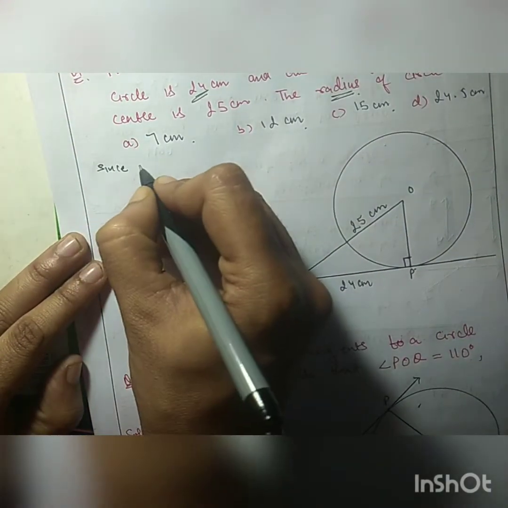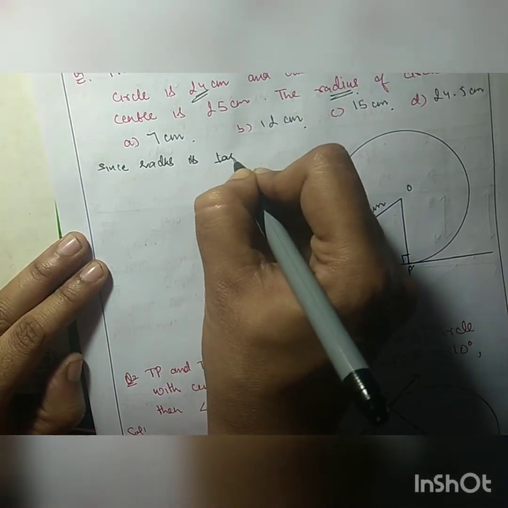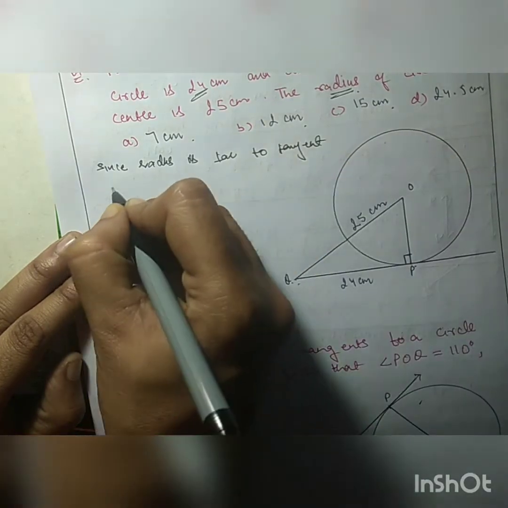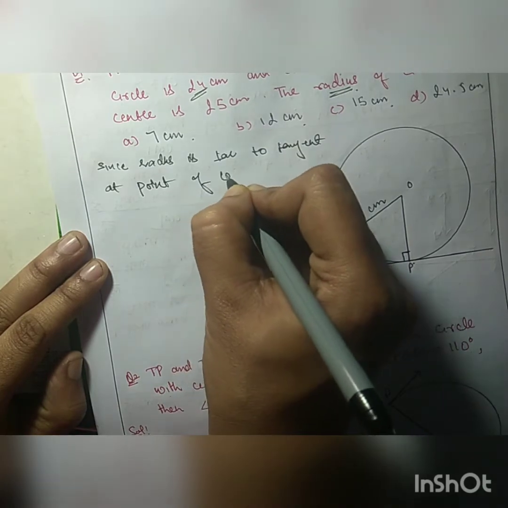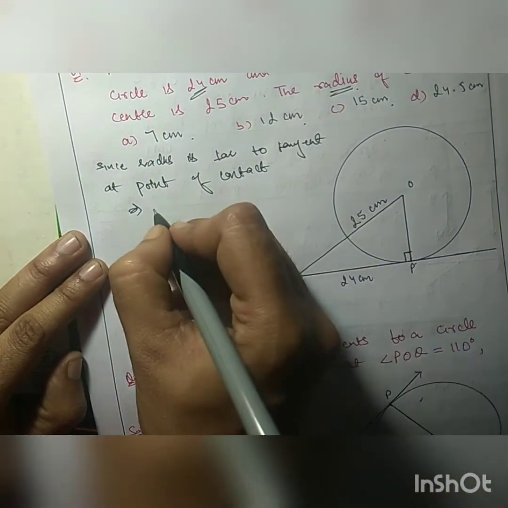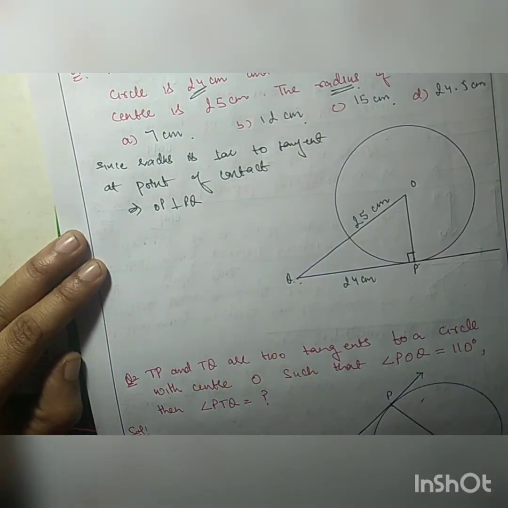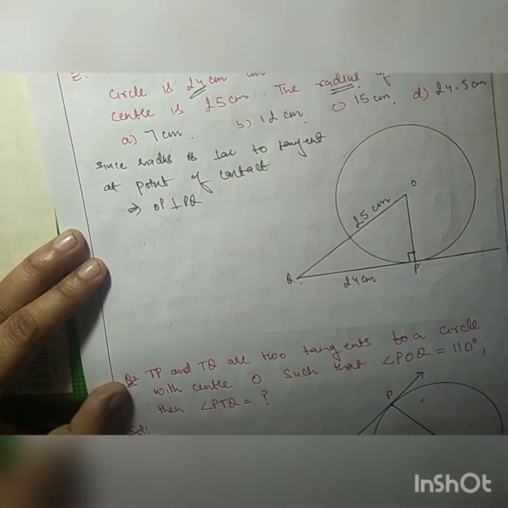As we know, radius is perpendicular to tangent at the point of contact. It gives OP is perpendicular to PQ. Since OP is perpendicular to PQ, triangle OPQ is a right triangle.